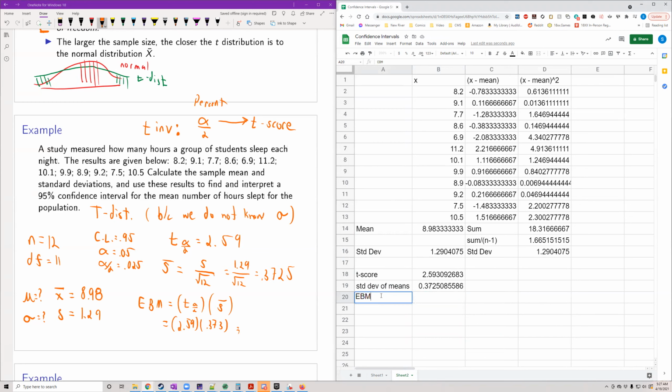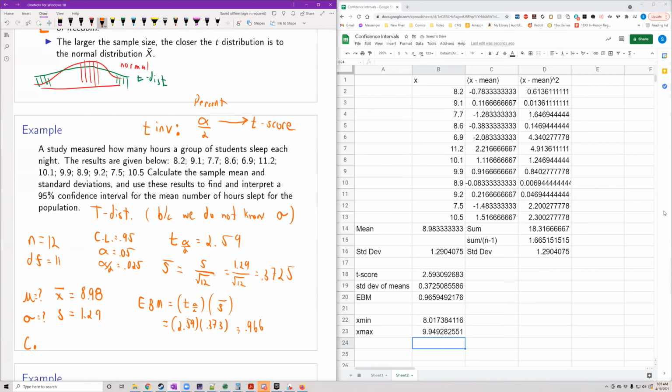So EBM equals this times this, 0.966. And so then we can calculate the X min and the X max by saying it's going to be the mean minus the EBM and the mean plus the EBM.